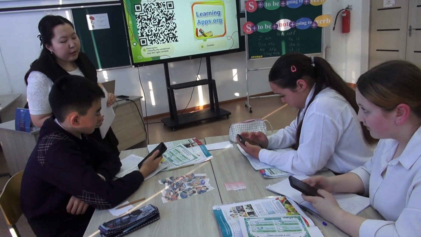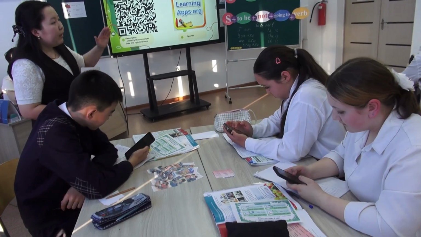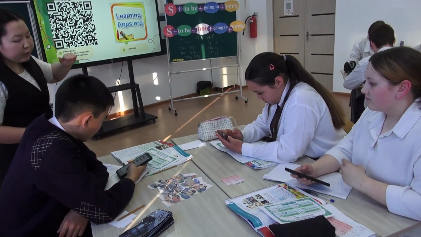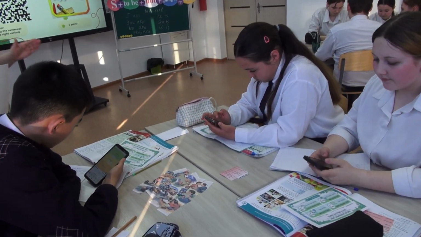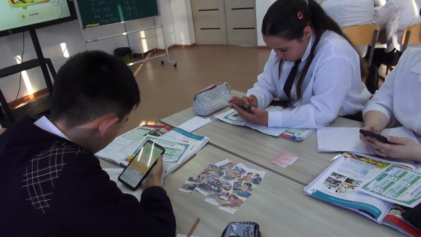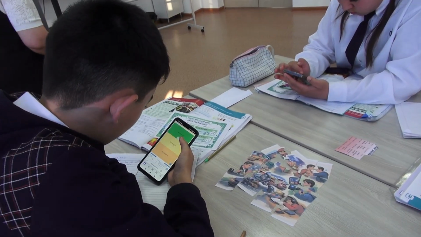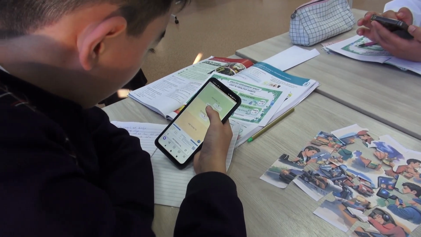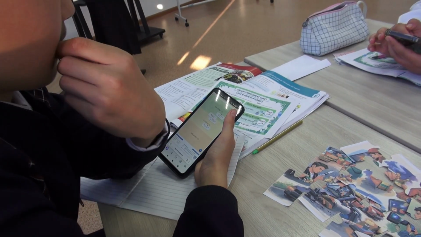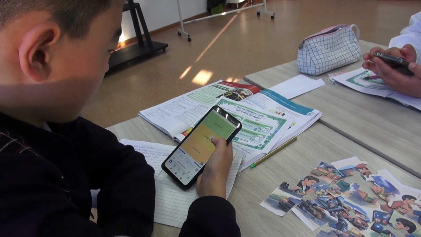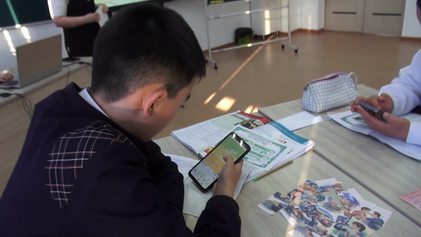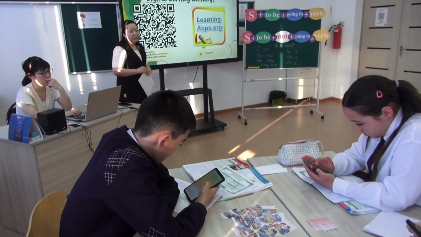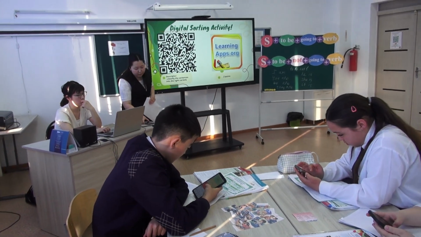So you have 3 categories, yes? The first, green, am going to. The second, is going to. The third, are going to. You should classify the sentences. 5 minutes for you.